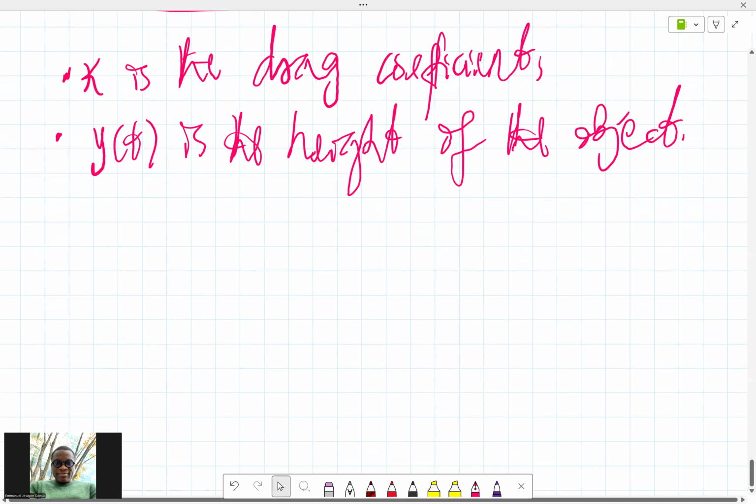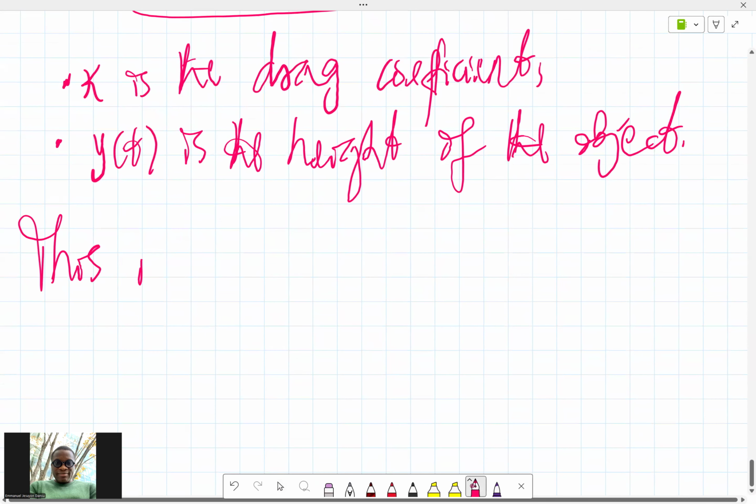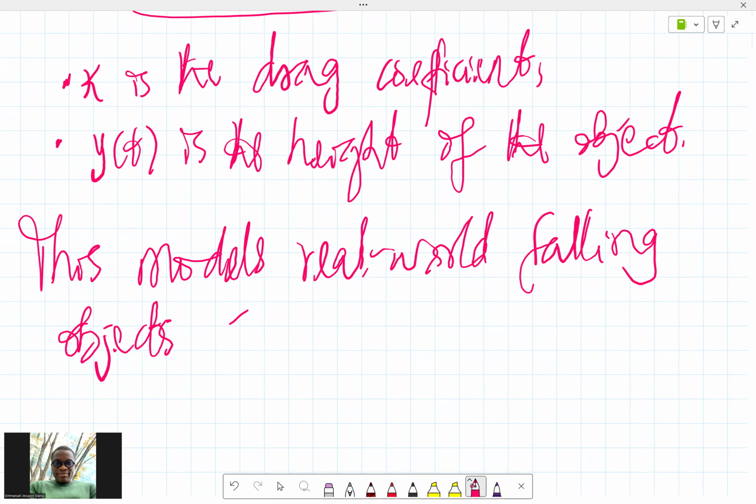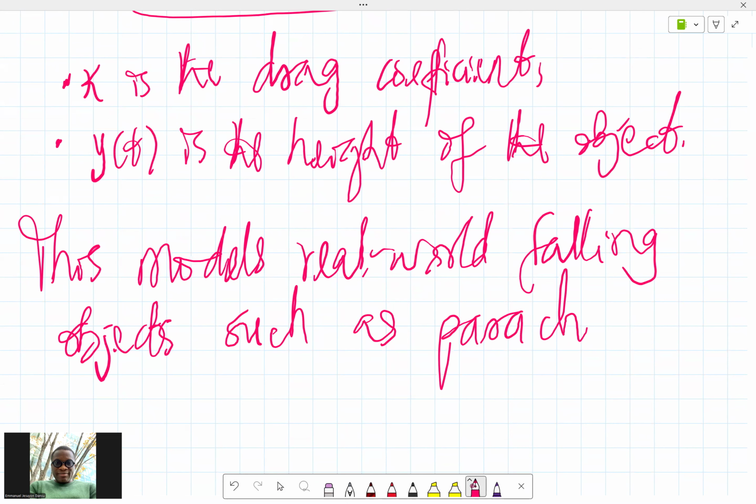And then these models real world falling objects, such as parachutes for safety in aeroplanes and all that.